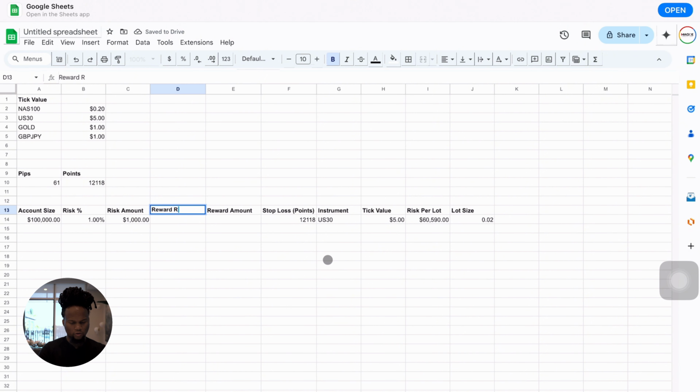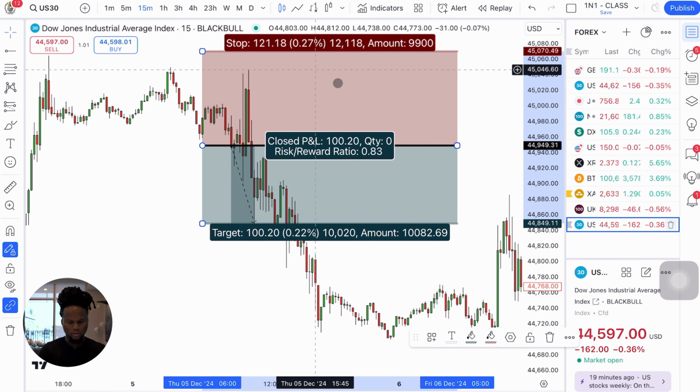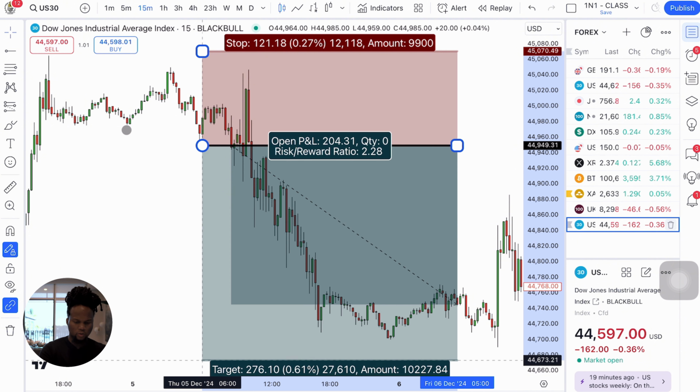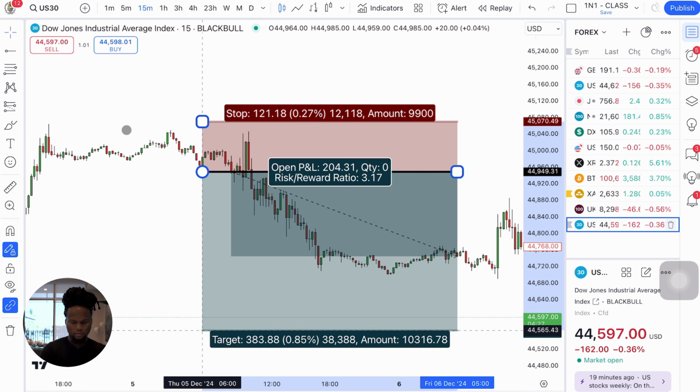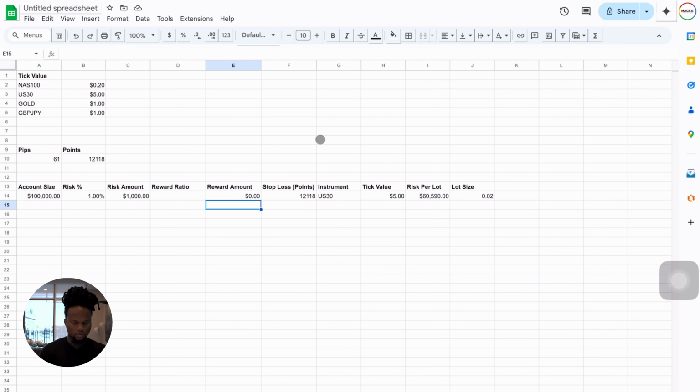So it's this times this. So the reward ratio is going to be, for example, 3.17, right? So put it at 3.17. 3.17 is going to be $3,170.